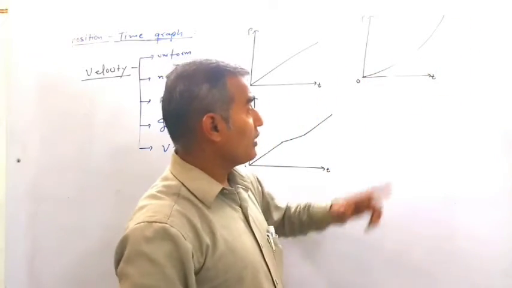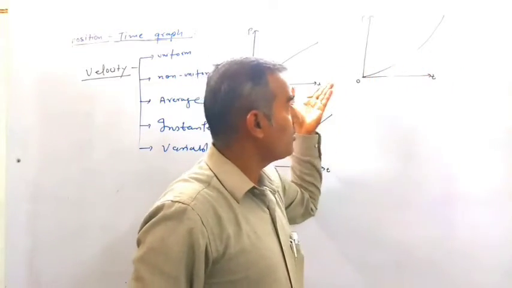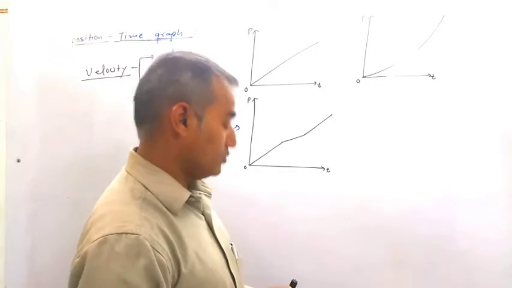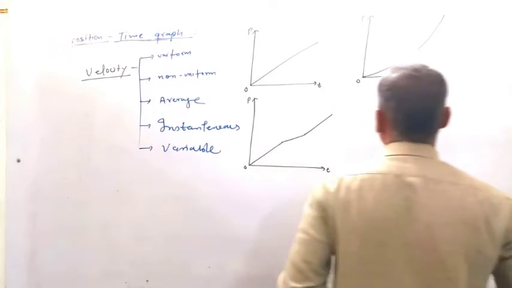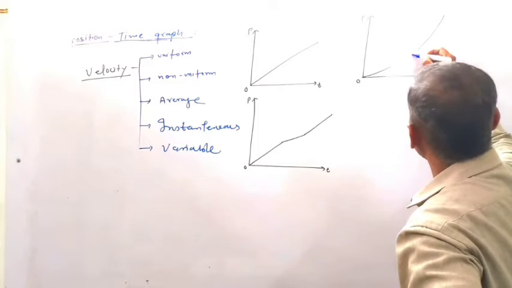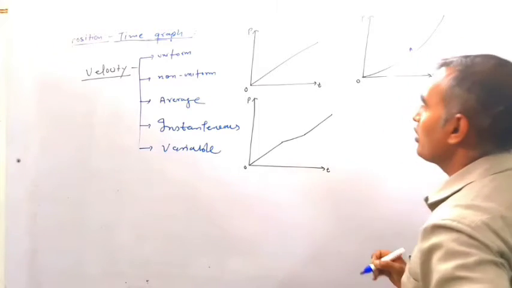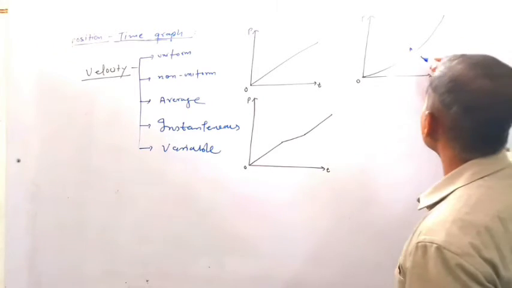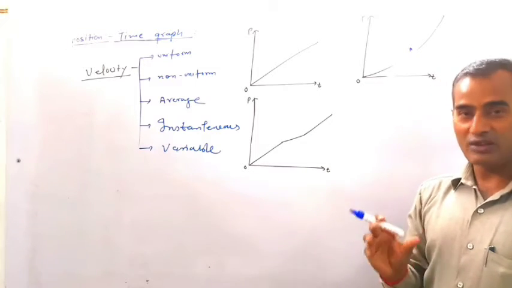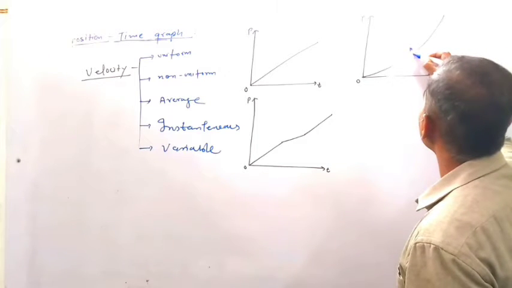Variable: velocity is constantly increasing. And if you want to get the velocity at a particular point, let's assume this is the point. Then the velocity at this point will be instantaneous, and the method to get the instantaneous velocity is to draw a tangent at this particular point.